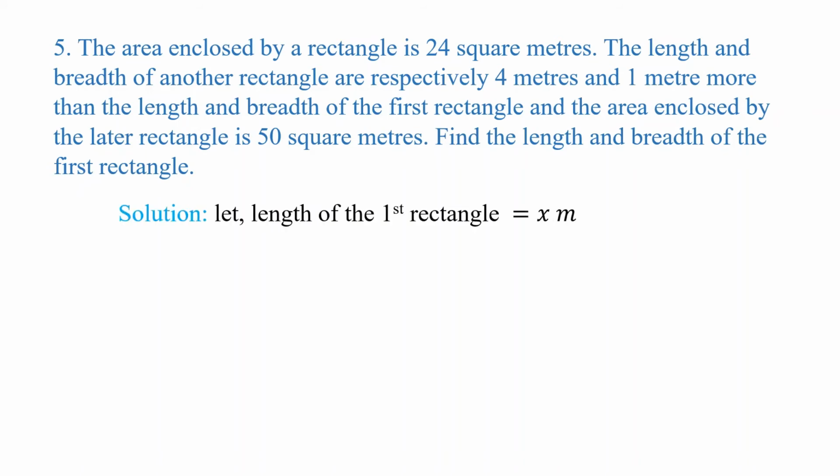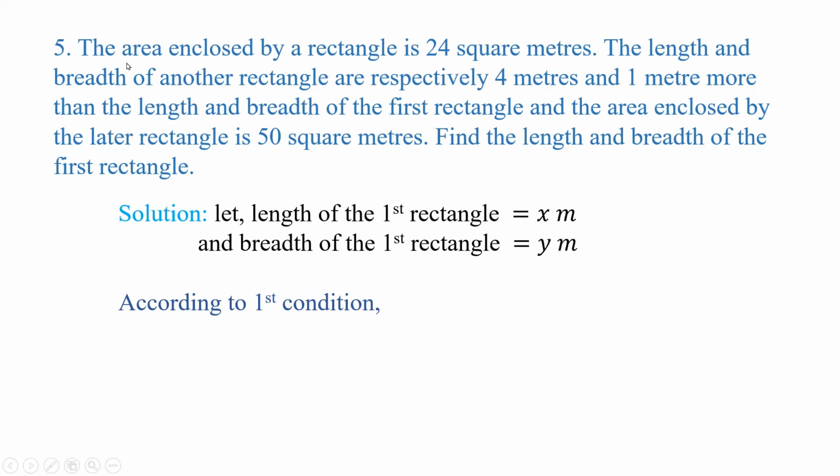Solution: let length of the first rectangle be x meter and breadth of the first rectangle be y meter. Therefore, according to first condition, given the area enclosed by a rectangle is 24 square meters, therefore xy is equal to 24, and mark this equation as 1.